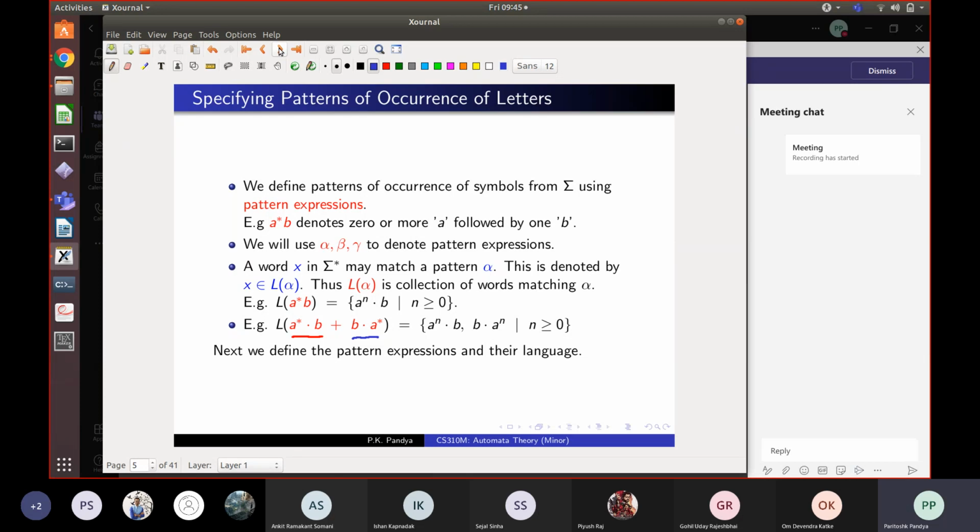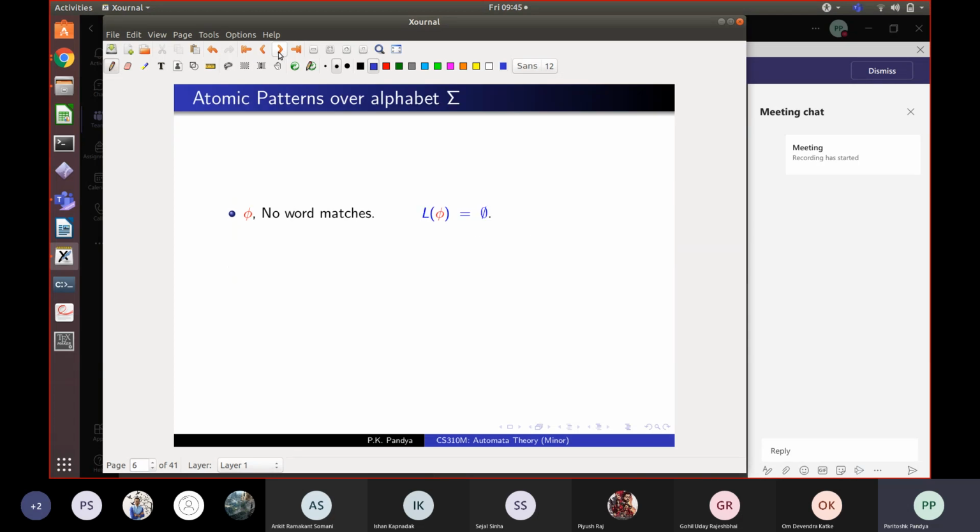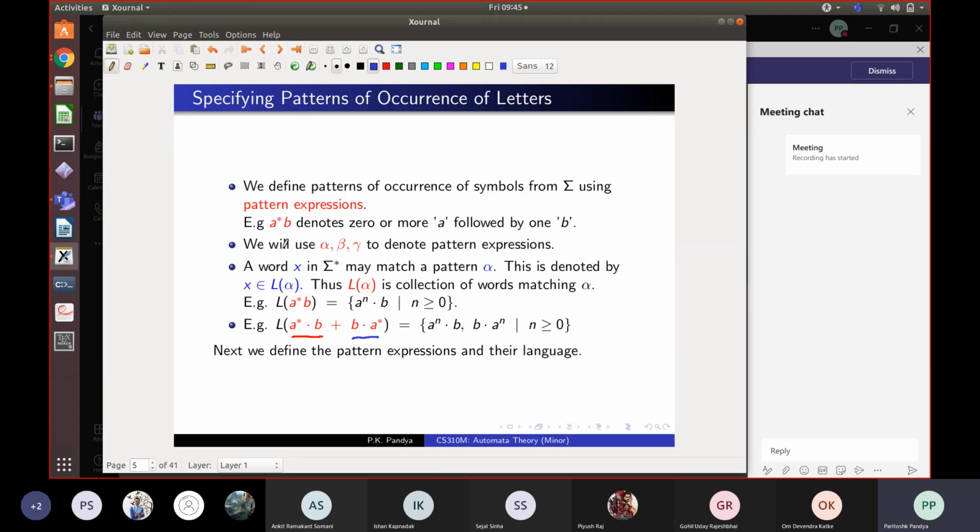Okay, so now we are going to make everything that we said in this slide intuitively a little bit formal. Our patterns are going to be made from some atomic patterns, like A, B, etc., and we will use some operators like star, the Kleene closure, or plus, which denotes union, to make bigger or compound patterns out of simple patterns.